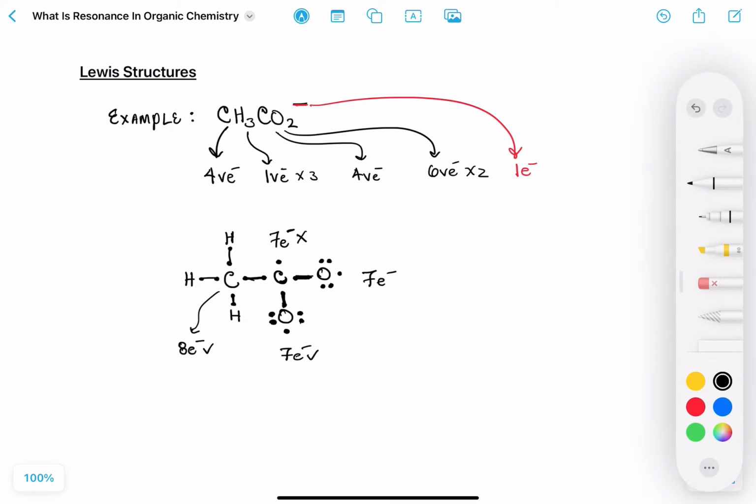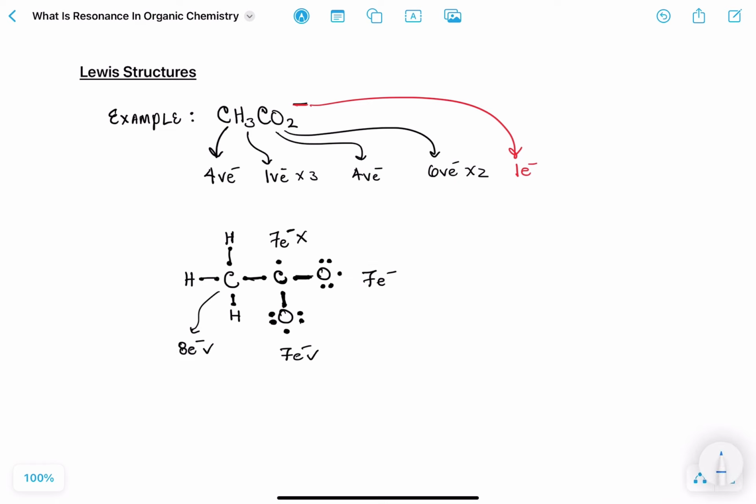Now, let's go ahead and see if there's another way I can arrange things to make this work. Let's say I take the individual electrons on the carbon and the oxygen, and I put them both into a bond. So I'll go ahead and erase them. These aren't technically arrow pushing, so I don't want to call it arrow pushing, and we'll learn more about arrow pushing later.